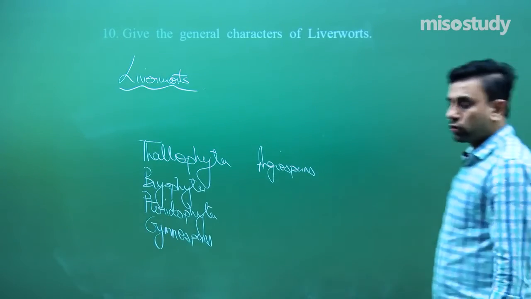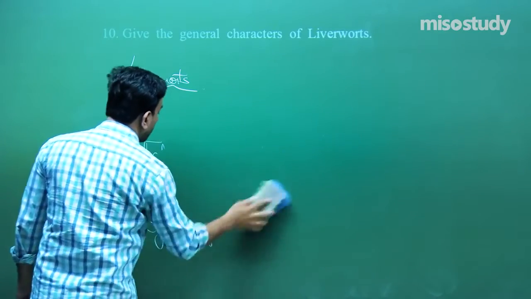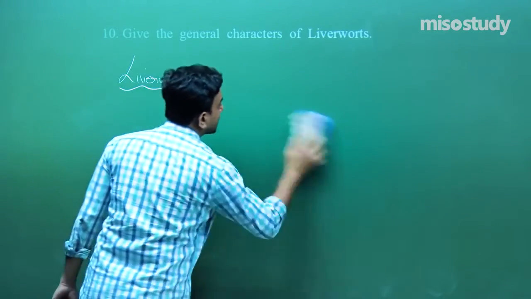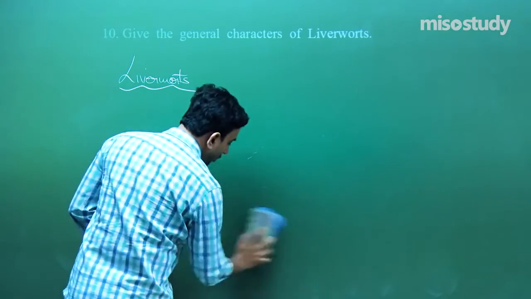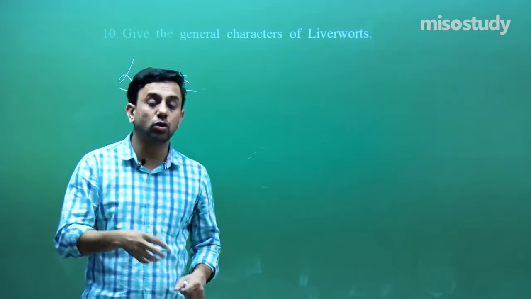Okay friends, I hope you must have thought. Basically, the liverworts belong to the mosses group, and we have already done what the mosses are. Because of their liver shape, they are also called hepatics.